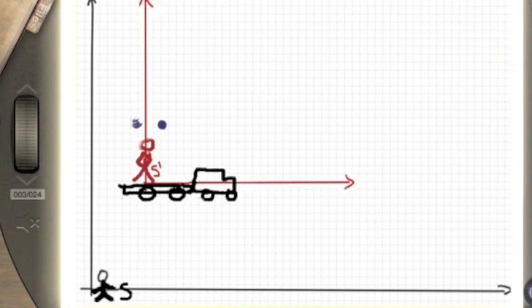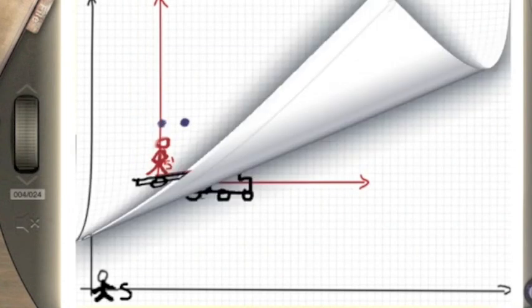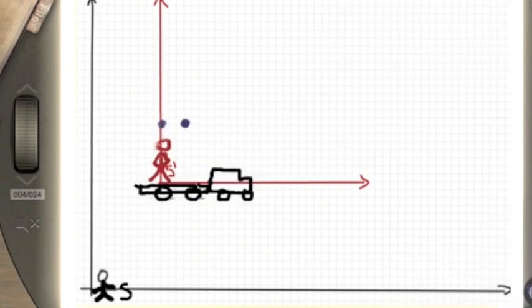Since I put a little puff of dust there, we can tell that the difference in position between one frame and the next is 1, 2, 3 squares, which I said was 3 meters. So every second, the ball is moving 3 meters away from the y-axis of system S. So the ball, with respect to system S, has a velocity of 3 meters per second.